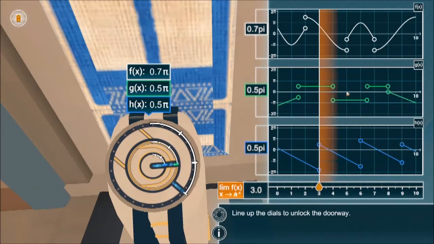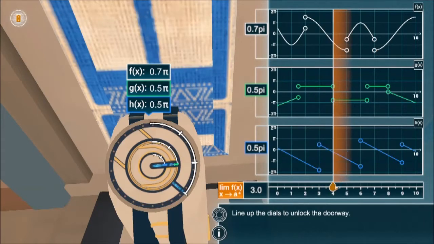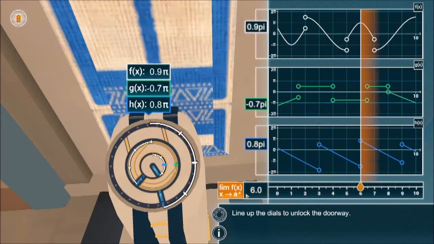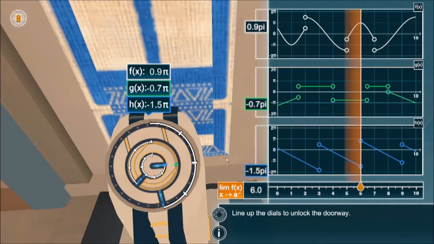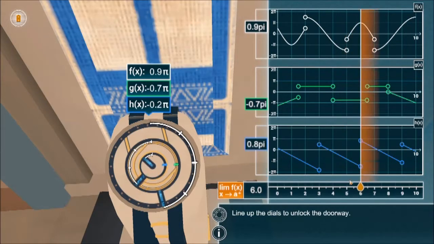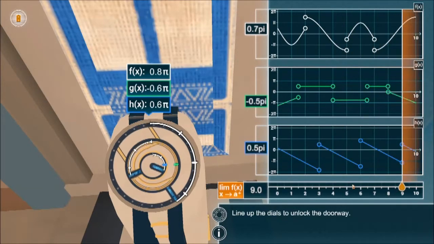The closest is like a negative 1.3 pi maybe. Then we get the negative 1.5s over here. Now this is a negative 1.5 if we go for the negative limit, but that also doesn't help. If we go the positive way, we can do that, but that also doesn't help matters.